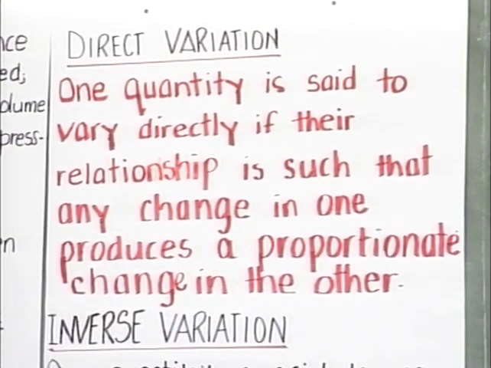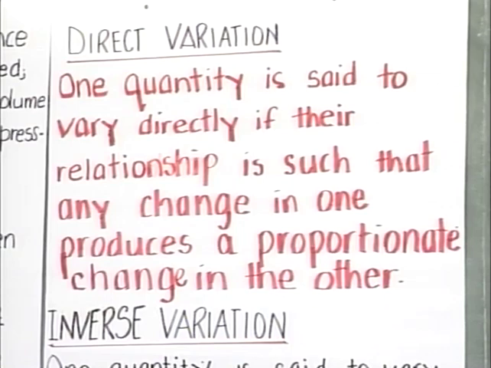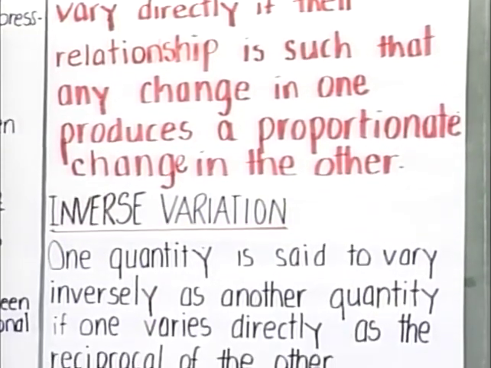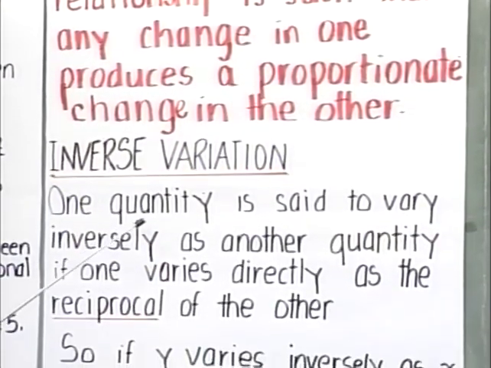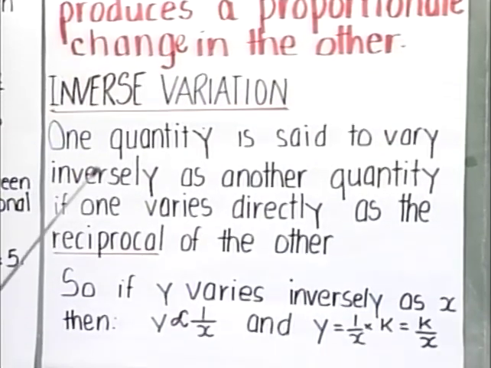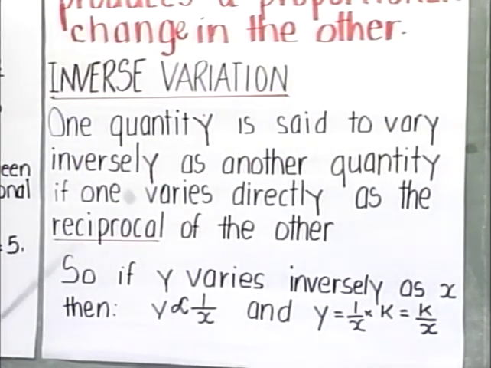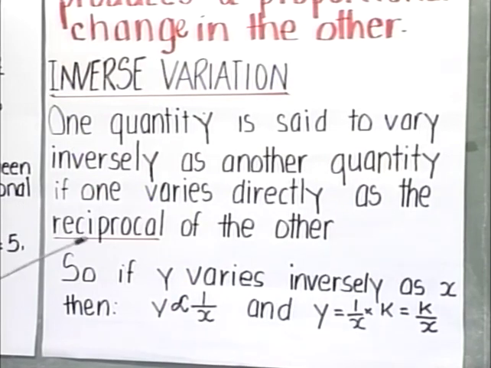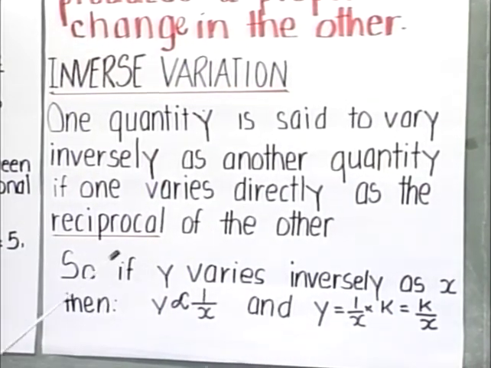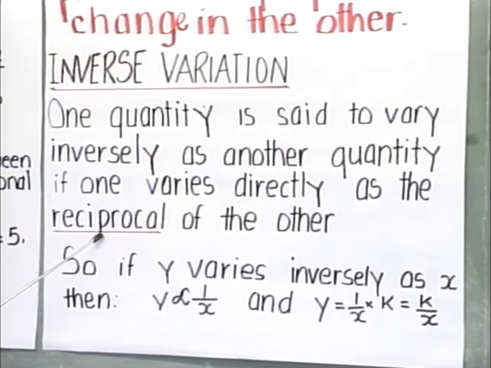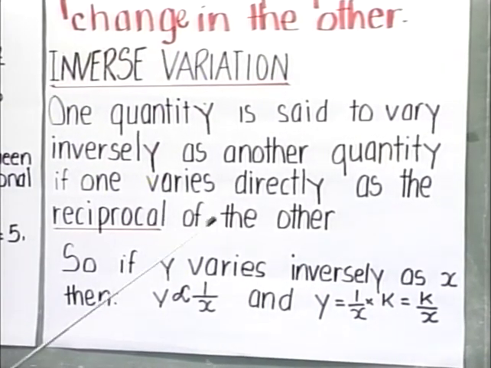Now inverse proportion or inverse variation is the opposite. One quantity is said to vary inversely as another quantity if one varies directly as the reciprocal, take note, the reciprocal of the other.